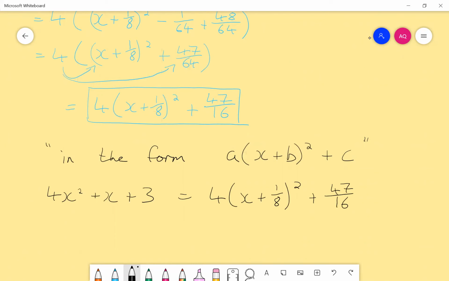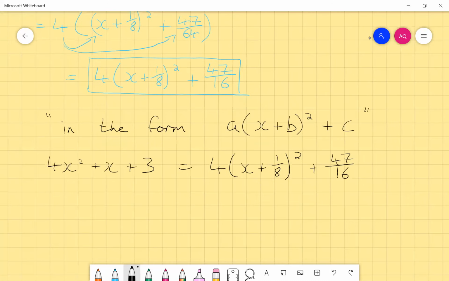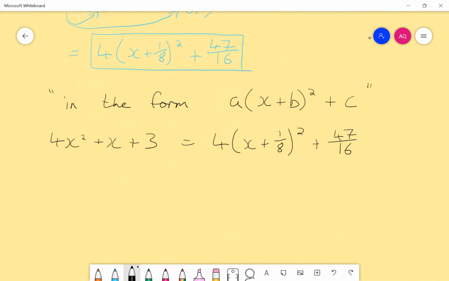Now, when we put something in the completed square form, this means you can then find the maximum or minimum of the curve. So it's a quadratic curve with a positive x squared. So it will be a U-shaped curve, okay? So a U-shaped curve will have a minimum point.